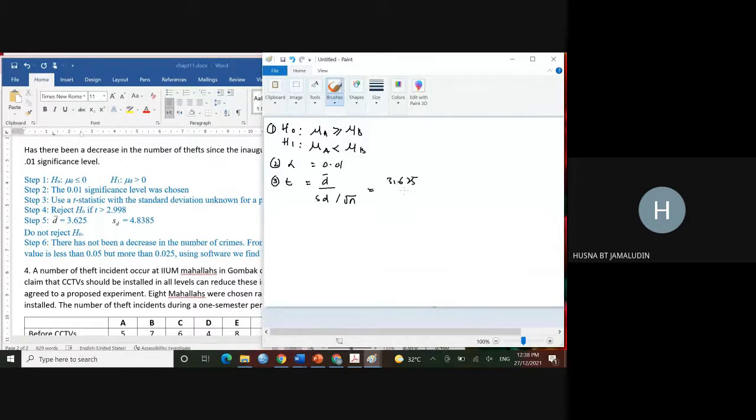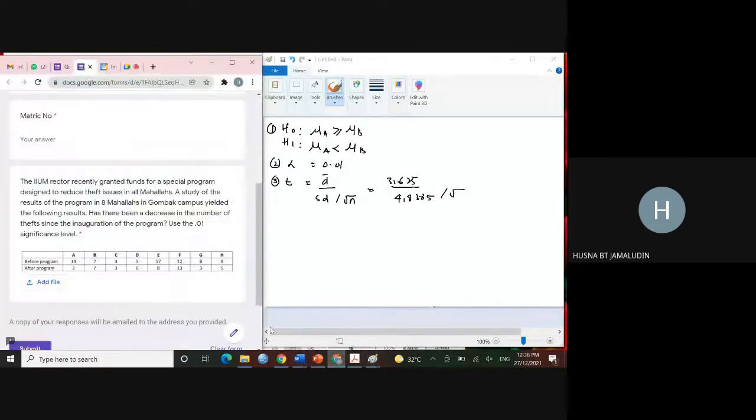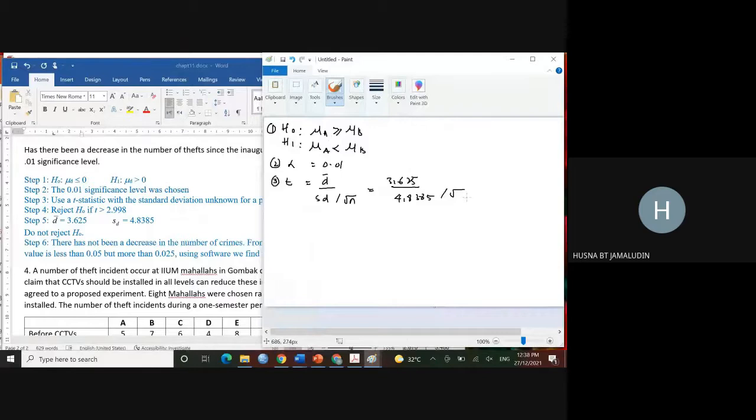And then over the standard deviation of the difference, here the value is 4.8385. And then divided by the square root of n. How many n's do we have? 1, 2, 3, 4, 5, 6, 7, 8. So 8.